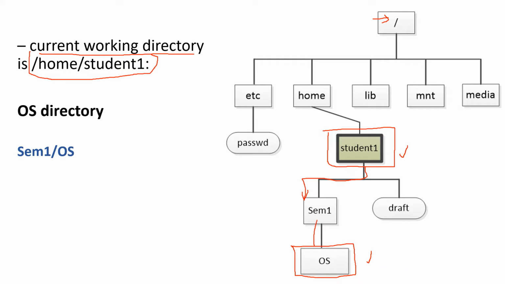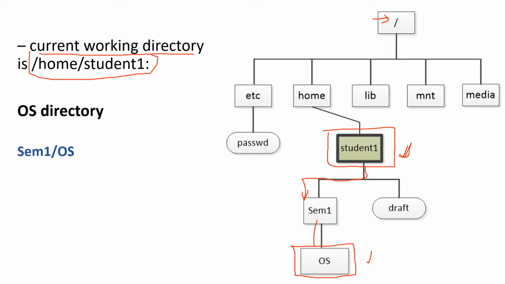The system is able to locate the OS directory based on the path given here, SEM1/OS, since now you are in the student1 directory. So it is very important for you to identify what the current working directory is. That is the first example.